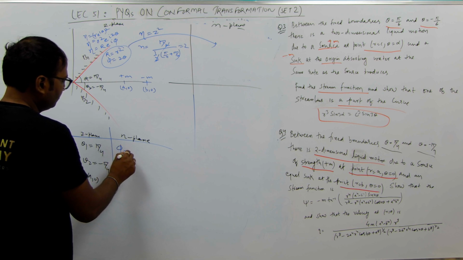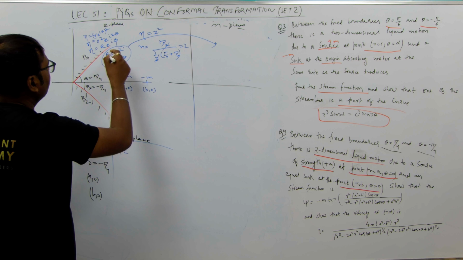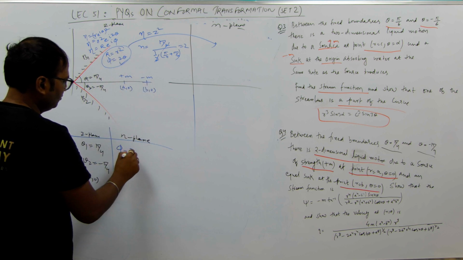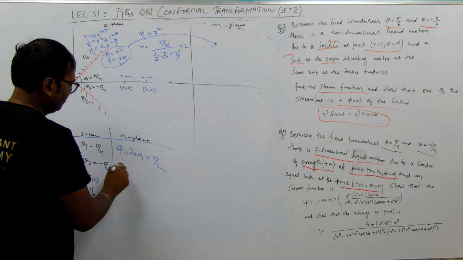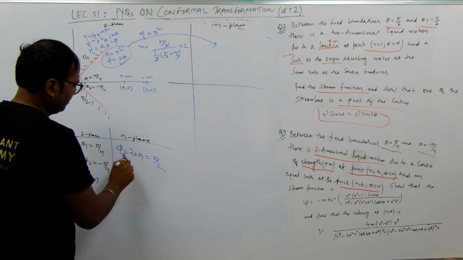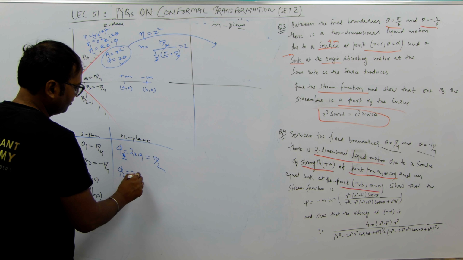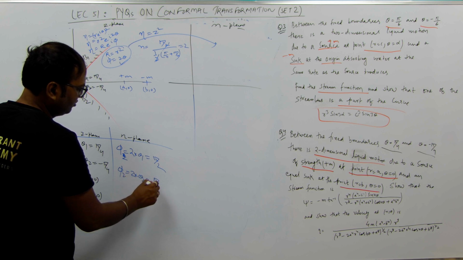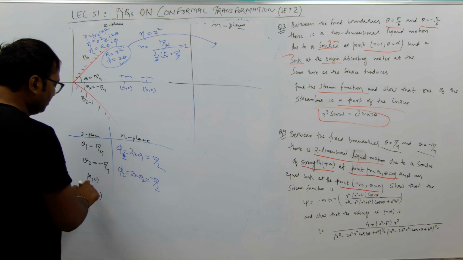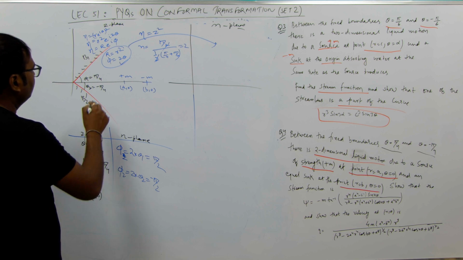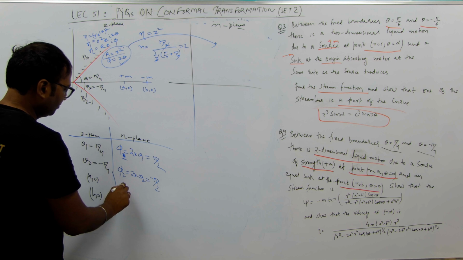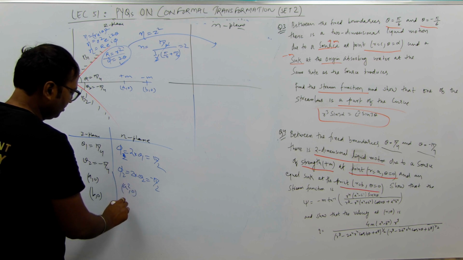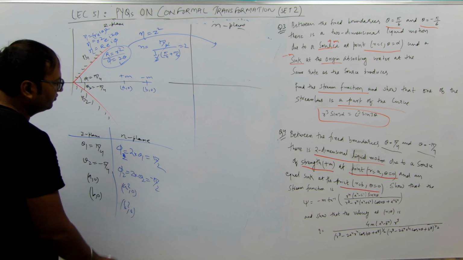So phi 1 is equal to 2 times theta 1, which is pi by 2, and phi 2 is equal to 2 times theta 2, which is minus pi by 2. And the points a comma 0 and b comma 0 go to a squared comma 0 and b squared comma 0, since R is equal to r squared.